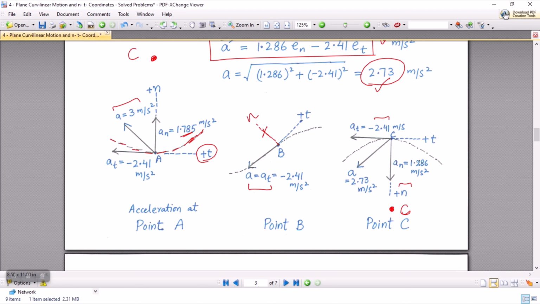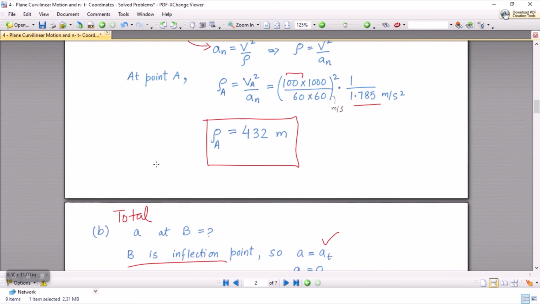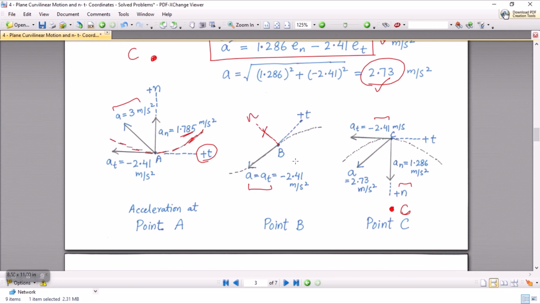And we can also see that this radius of curvature was given as 150 meters. We determined that radius of curvature, actually that whole distance, to be a very large number. It was at point A, and that was 432 meters, right? It is measured from a center of curvature which will be located somewhere above the curve, having a distance from that center to exactly point A of 432 meters, right?